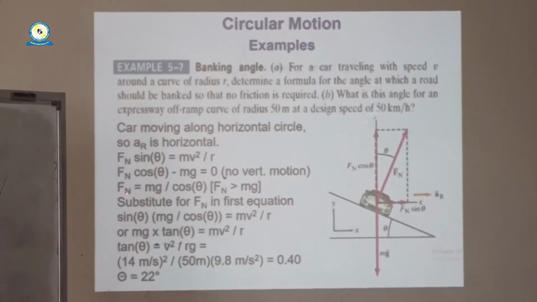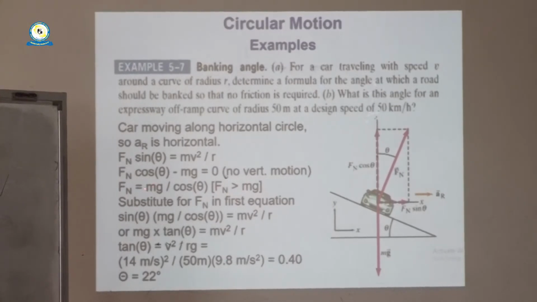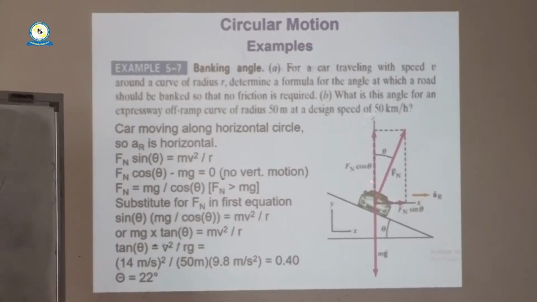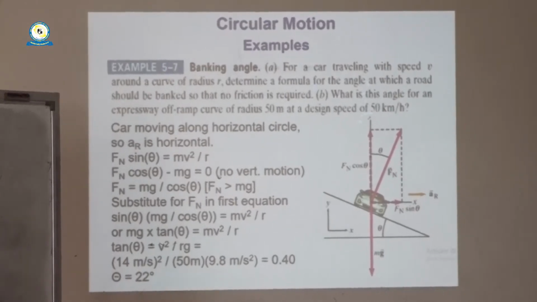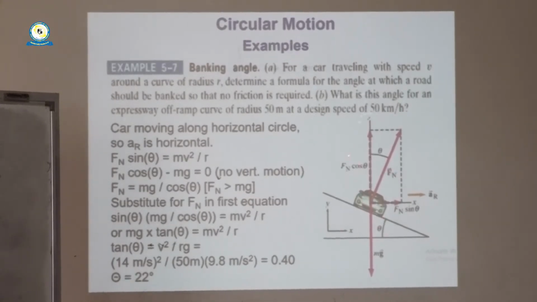You make Fn subject, you get this one, because you don't want Fn. Why? Because we don't know it. It's not given. Usually you will see given mg. So that's why you want to make it subject so that it can vanish.